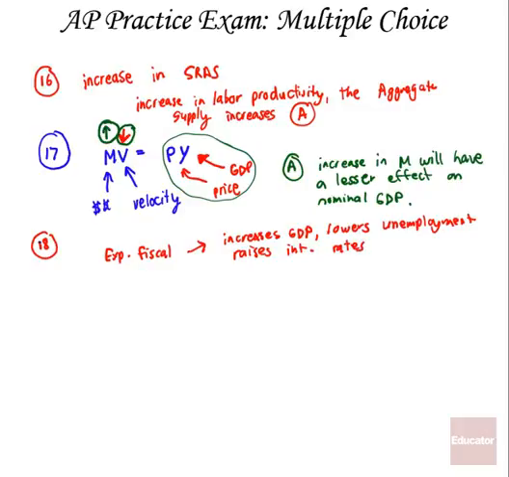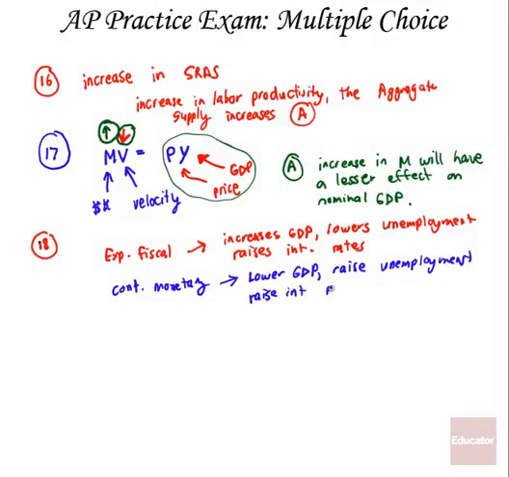Where you have a contractionary monetary policy, it is going to lower GDP, raise unemployment, and raise interest rates. So this particular problem says, what happens when you combine these two things together, expansionary fiscal policy and contractionary monetary policy? Well, A, gross domestic product increases.